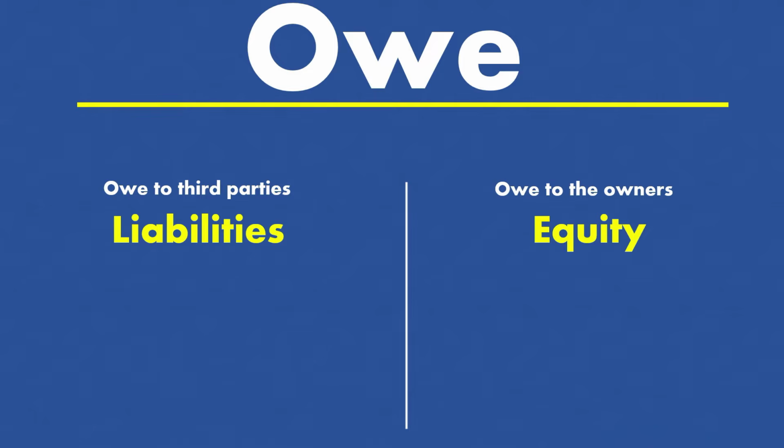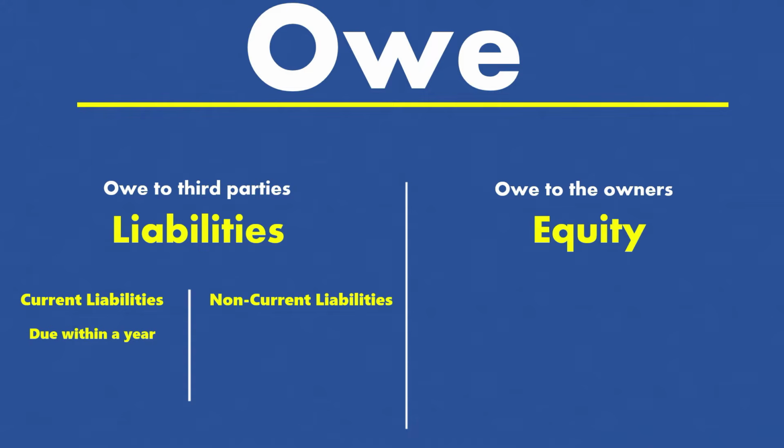Now on the liability side, we have a further classification just like assets, and that is current liabilities and non-current liabilities. The current liabilities are the ones where you have to settle the liability, I mean, you have to pay the money back within 1 year. And if the payment is due after 1 year, that is going to fall under the non-current liabilities section.